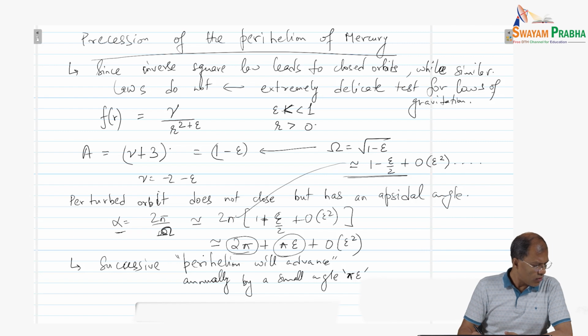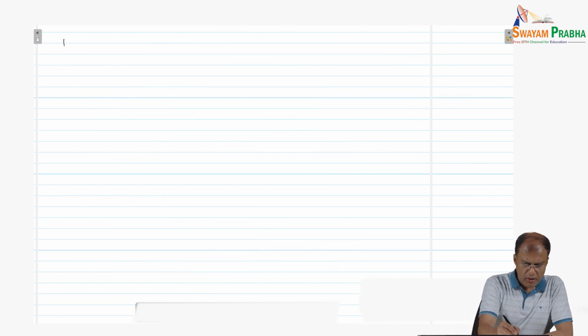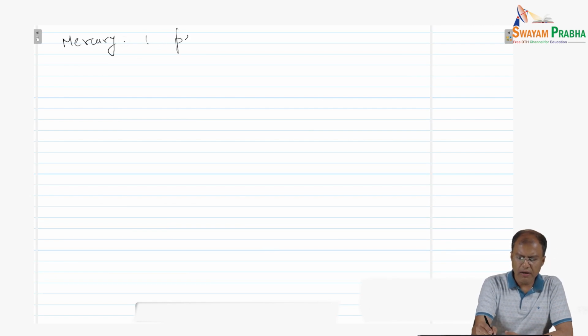And for Mercury, this epsilon, the data is given, the data is there for Mercury. So for Mercury, the perihelion advances by this value.